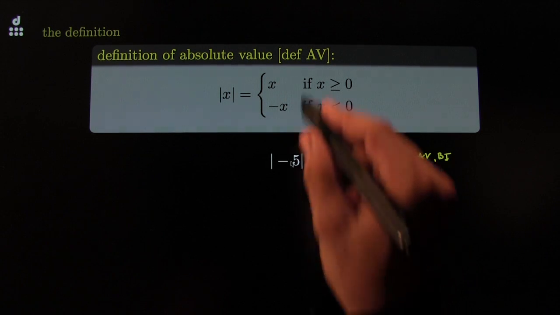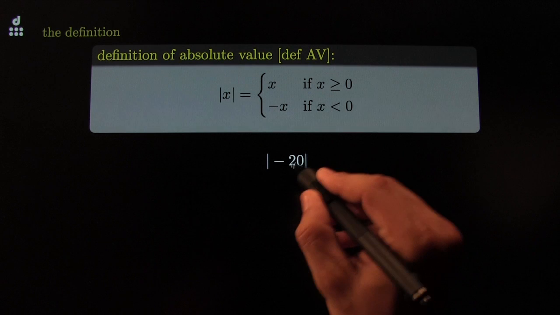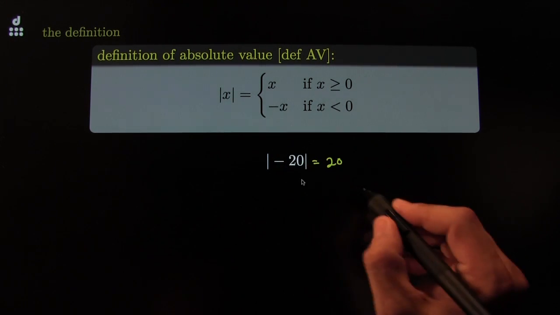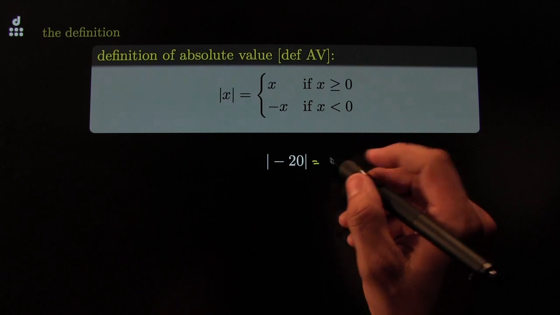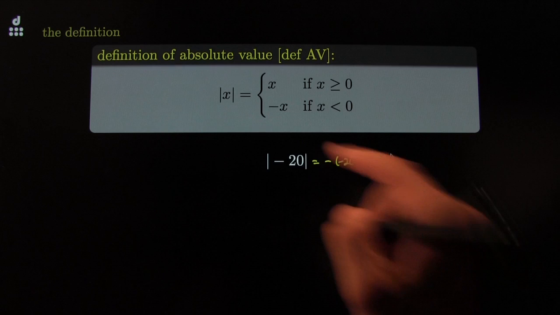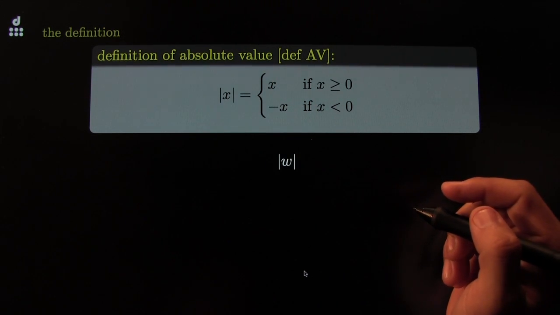And so that's how this definition works. It says if the number is positive already, leave it alone. If it's negative, change the sign by adding another negative. So this would look like the absolute value of negative 20, which of course is equal to 20. These are all examples of the definition of absolute value being applied.